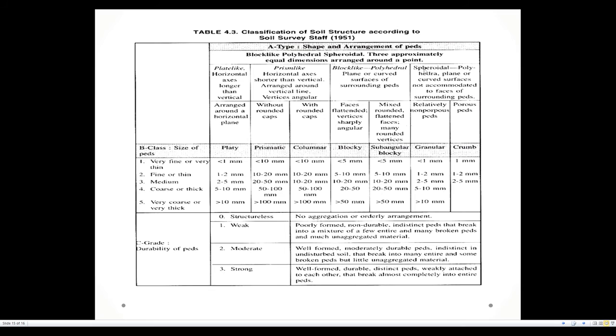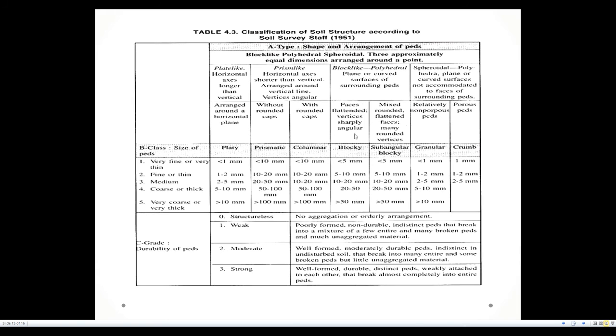And the fourth one is spheroidal, which is spherical in shape, polyhedral, with plane or curved surfaces not accommodated to the faces of surrounding peds. In prism like there are two types, prismatic and columnar.